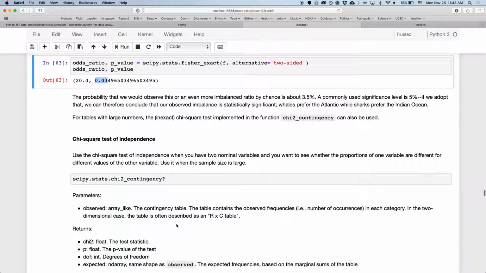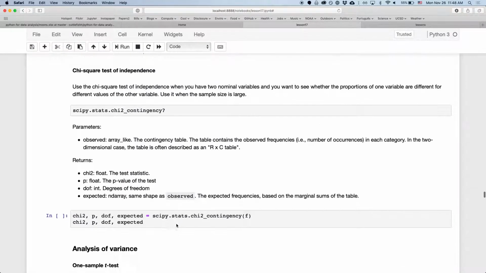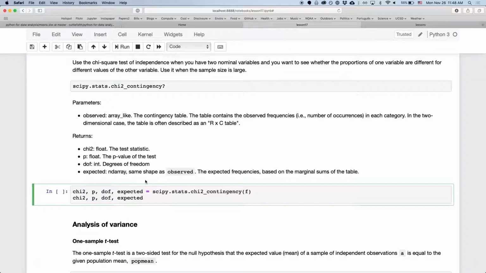But if you want to approximate this test, you can also use a chi-squared test. In this case, it's going to give us a few more things: the chi-squared test statistic, a p-value, the number of degrees of freedom, and the expected frequencies based on the computation. So here we can take that same data, which is quite a small number of counts.